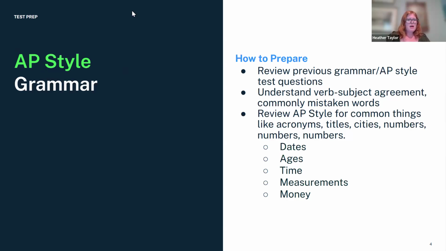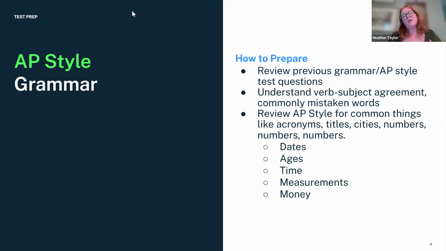So for the grammar AP style section, you want to review verb subject agreement, commonly mistaken words. For AP style, I always tell people numbers, numbers, numbers. How do you write dates, ages, times, measurements, money, currency? For titles, senators, presidents, corporate executives, different job titles.